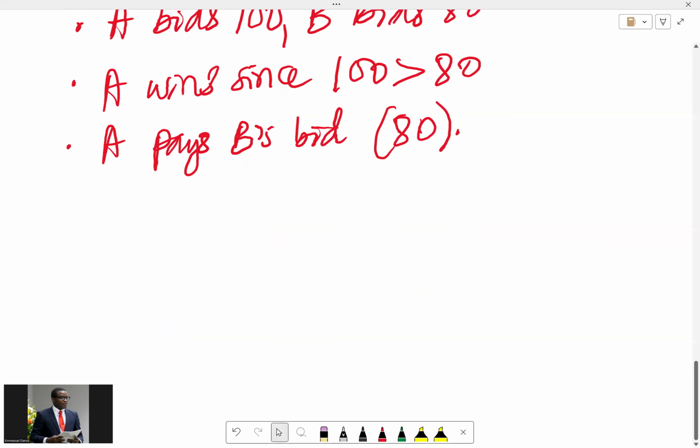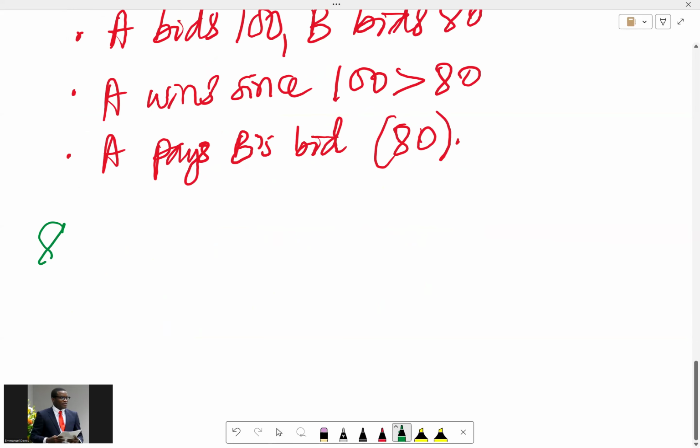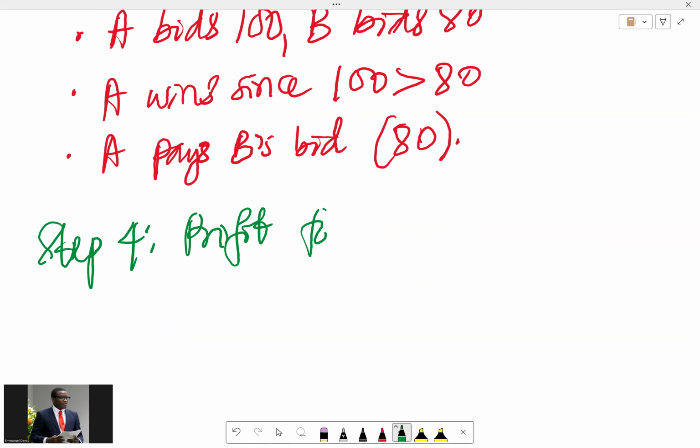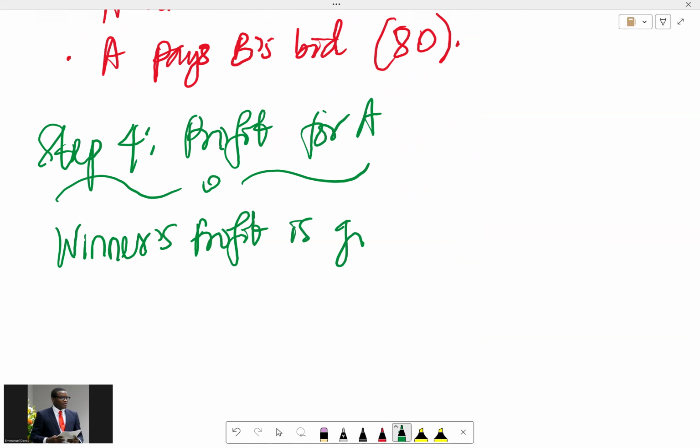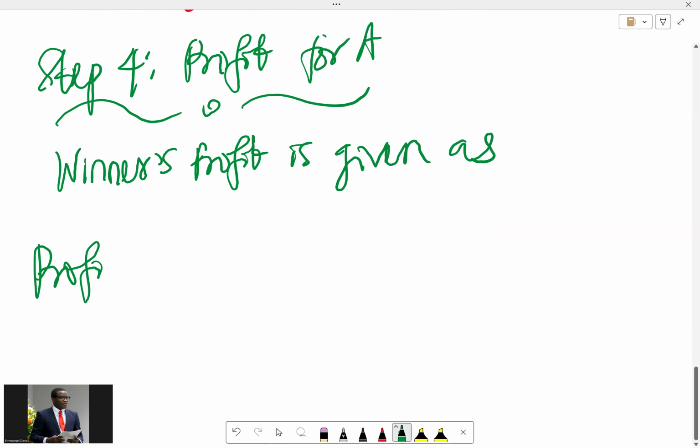Then we go to step four, which is about the profit for A. So what profit does A make? Here we have the winner's profit, given as profit equals the valuation for A minus the price paid.